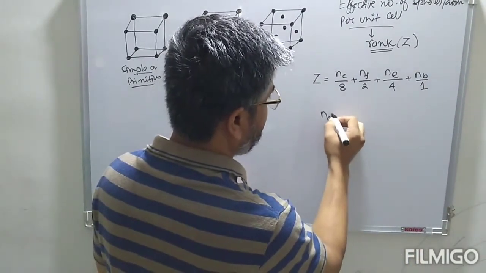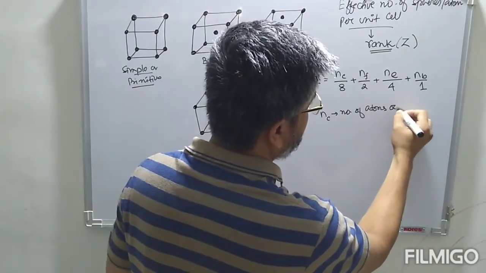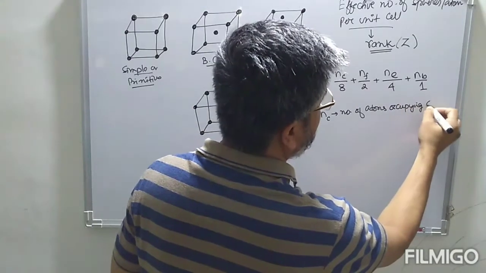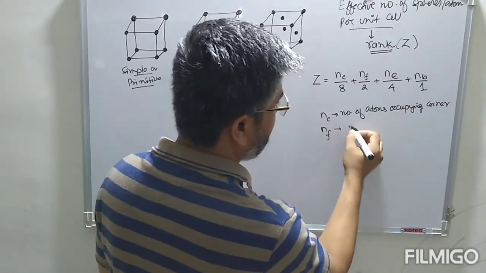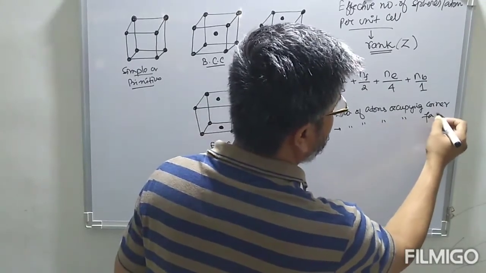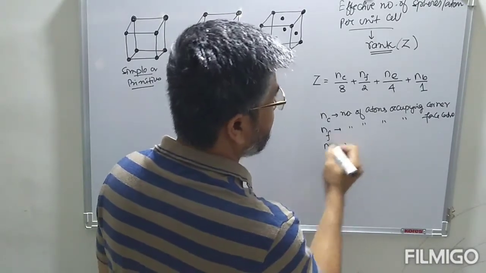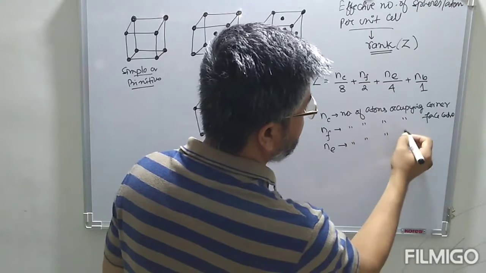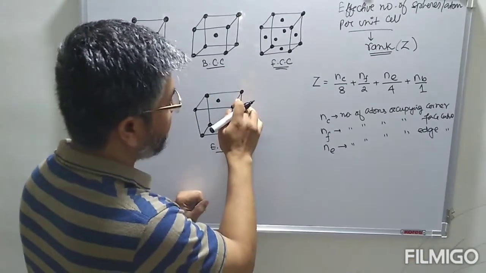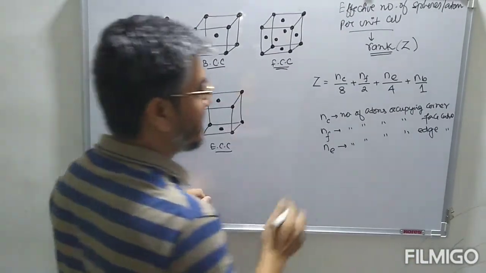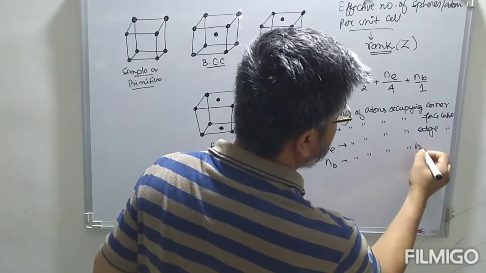Here NC is the number of atoms or spheres occupying the corners of the cube, NF is the number of atoms occupying the face centers of the cube, NE is the number of atoms occupying the edge centers, if there is a possibility of finding atoms at the edge, and NB is the number of atoms occupying the body center.